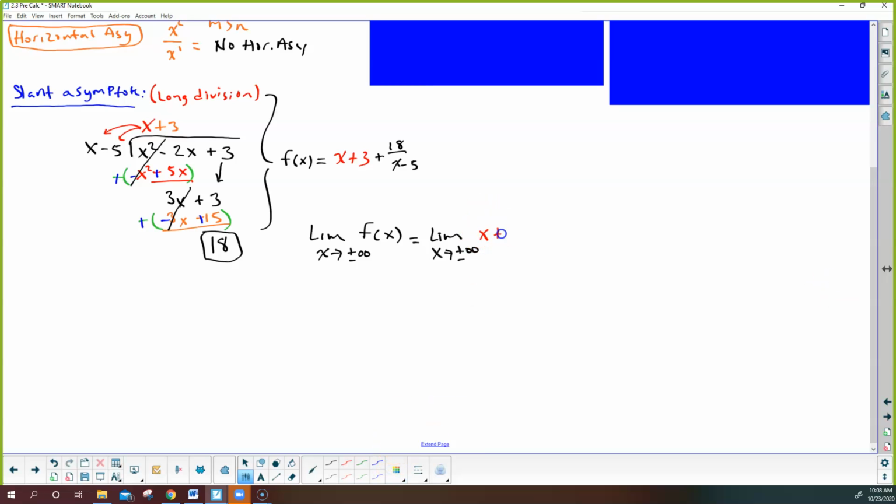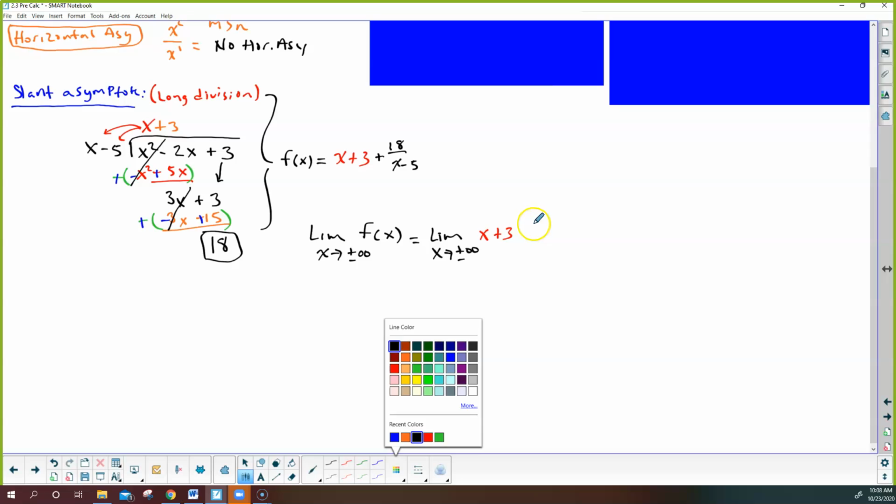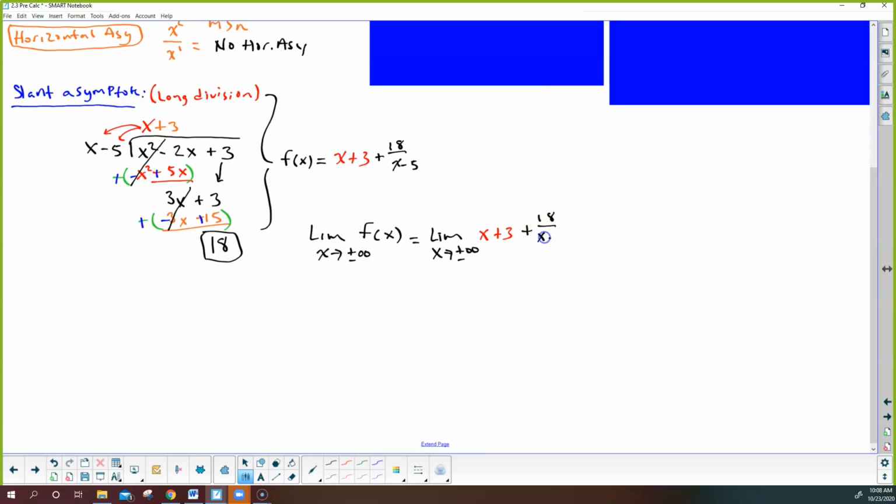Instead of putting f of x, we know what f of x is now equal to. Now I'll also say this. Here's the nice thing. Once I show you this, you'll get an idea, and we don't ever have to show this work in pre-calculus. You will in calculus, but this part is just getting us to an understanding.